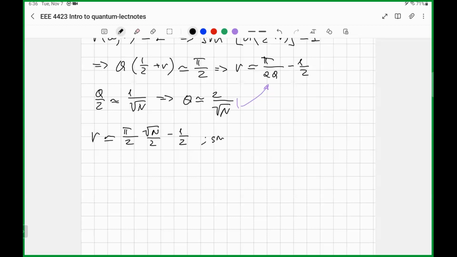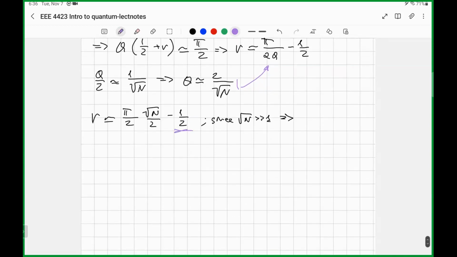Since square root of N is much larger than 1, we can omit this second term, this 1/2, and the final result for the number of iterations is pi over 4 times square root of N. This is the formula that allows us to calculate the number of iterations of Grover's algorithm to get the right result.